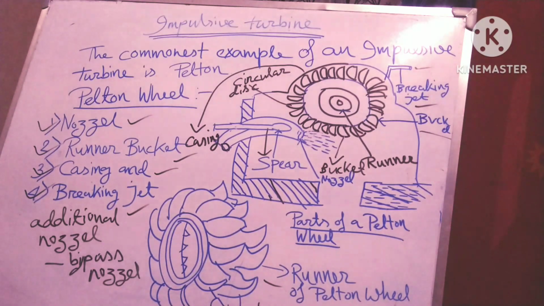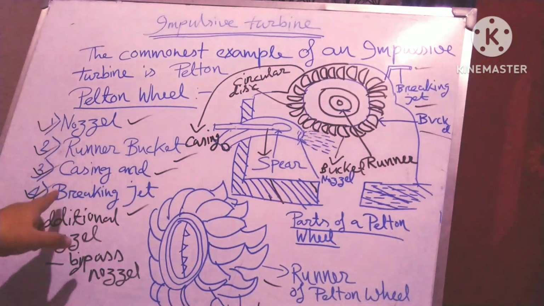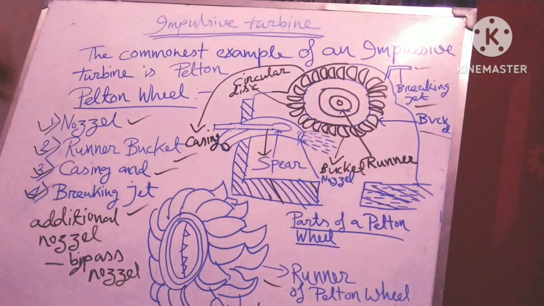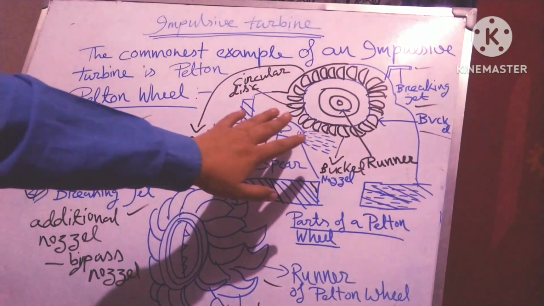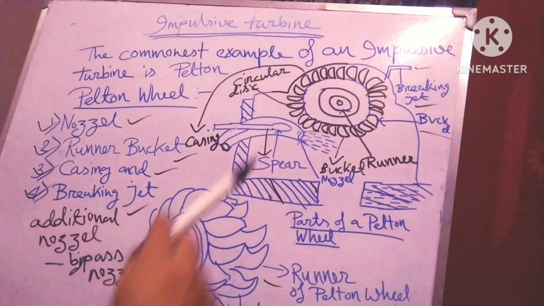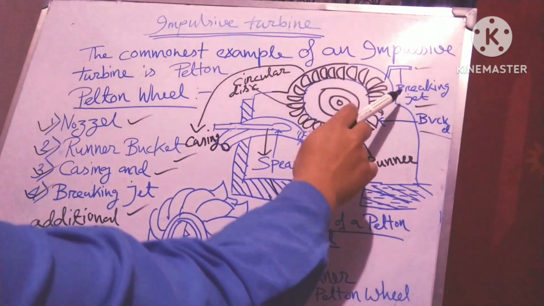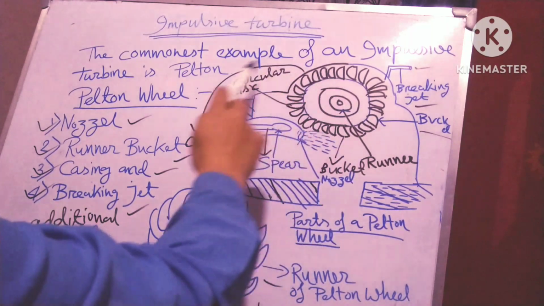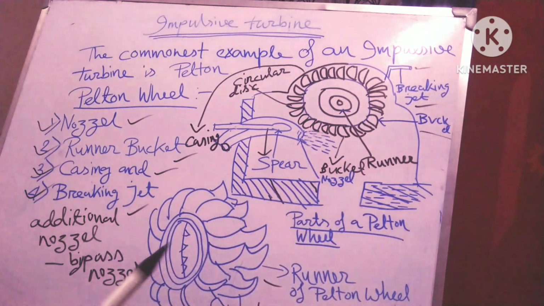So friends, I have already discussed all the points: nozzle, runner and buckets, casing, and braking jet. You can see that this is the nozzle, spear, this is the bucket, this is the braking jet, this is the casing, and these are the parts of the Pelton wheel.